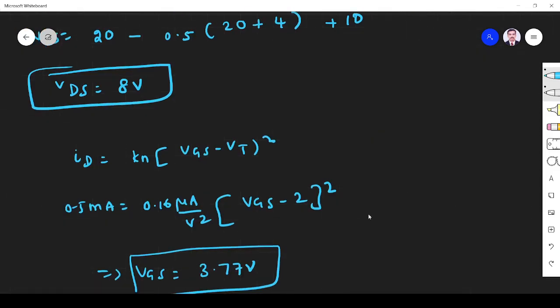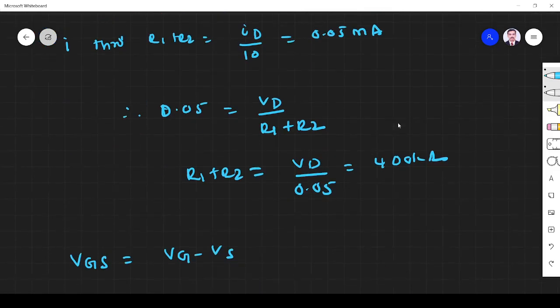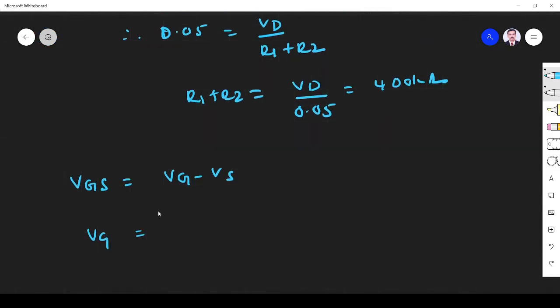So I know R1 and R2 are in series. The total voltage drop across R1 and R2 is the total voltage VDD, which we already know is 20 volt, because ground is shifted to -10. So I apply the voltage divider rule: 20 into R2 divided by the total resistance R1 plus R2, and I have to add the ground, -10.